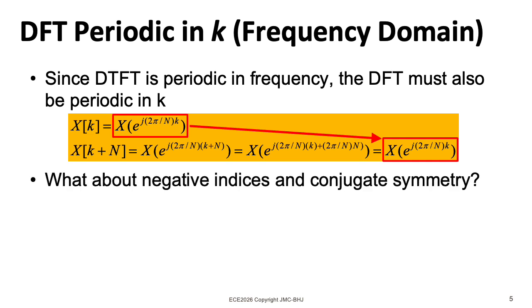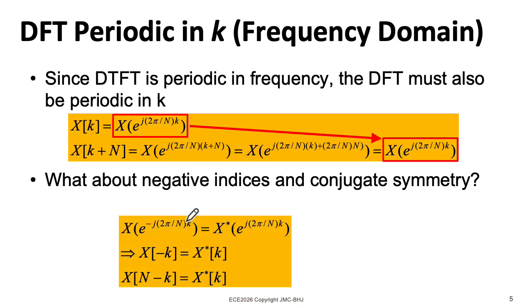Now, remember that the discrete time Fourier transform had conjugate symmetry in the case of real-valued signals little x. The DFT inherits that conjugate symmetry.